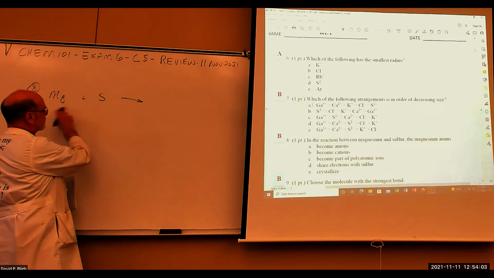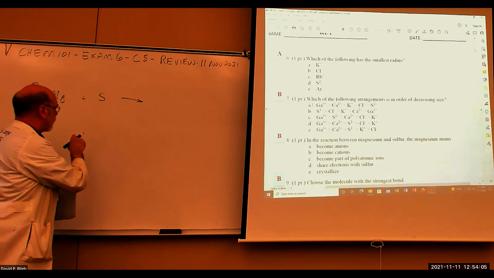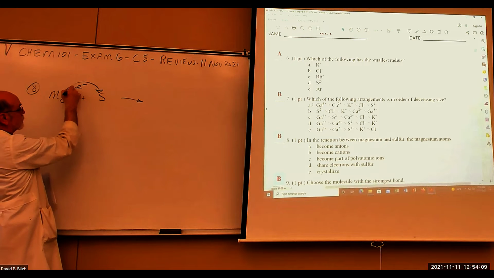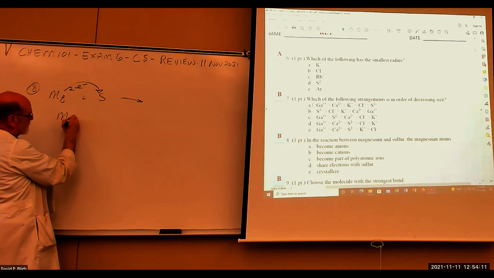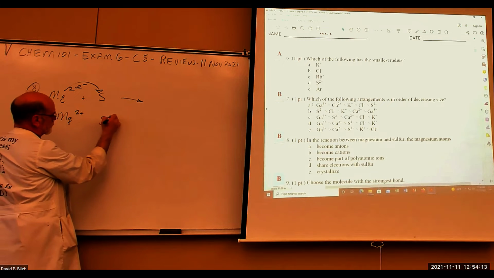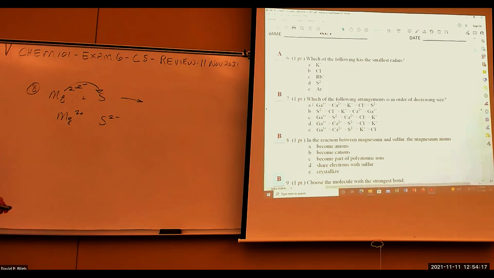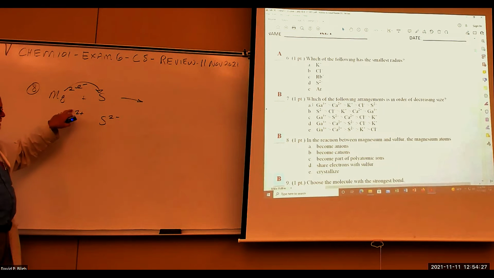Sulfur is a non-metal, magnesium is a metal. More than likely, we're going to transfer electrons here. Two of them. That makes magnesium 2 plus and sulfur 2 minus. And that's where you get your ionic bond. So the magnesium atoms become cations. They become positive ions.